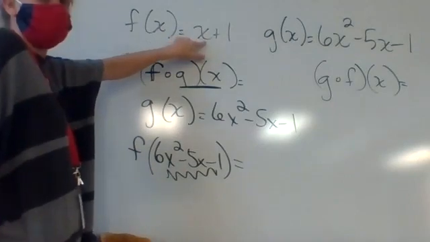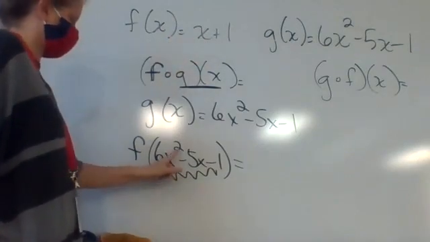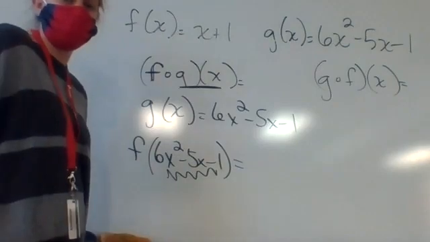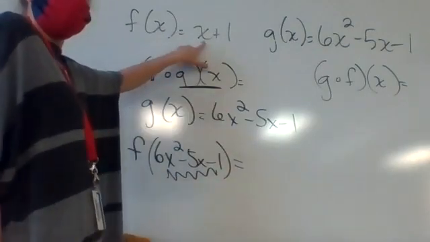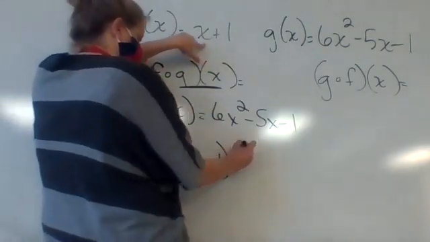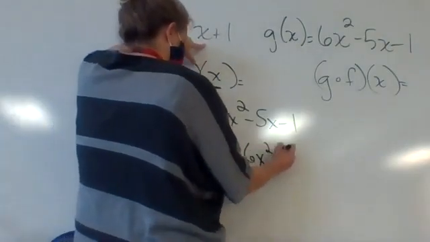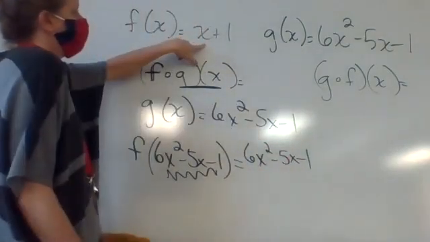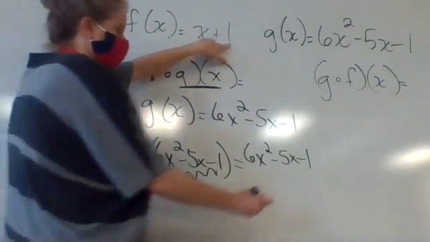So everywhere I see an x, I'm going to put 6x squared minus 5x minus 1. There's my x, so that's what I put in its place: 6x squared minus 5x minus 1. Then after the x comes a plus 1.